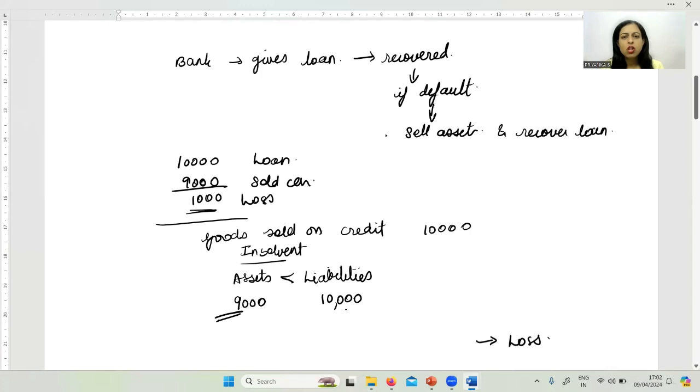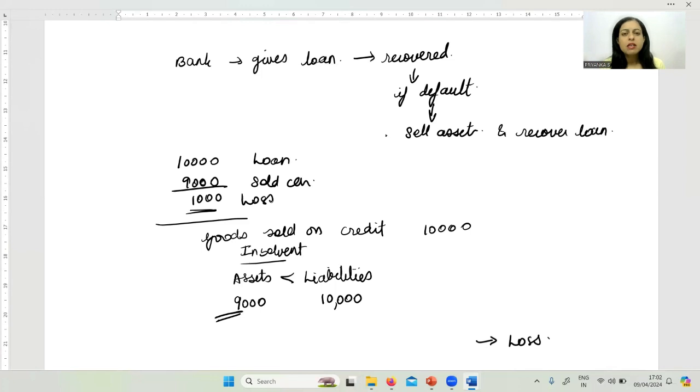So when a person becomes insolvent, it's basically that all his assets sold off cannot pay off the loans and liabilities that he has. So that is why it is a case of insolvency, bankruptcy, as we call it. You may have come across the terms bankruptcy and insolvency. That is basically when a person's assets are insufficient to recover the liabilities.